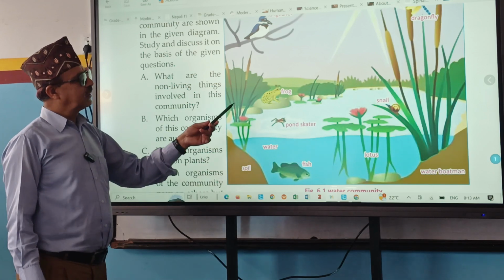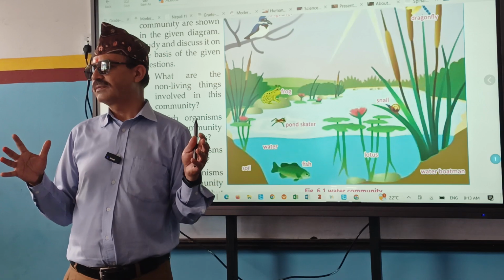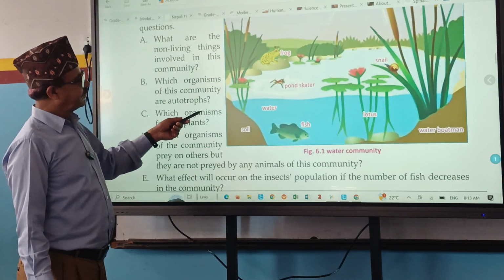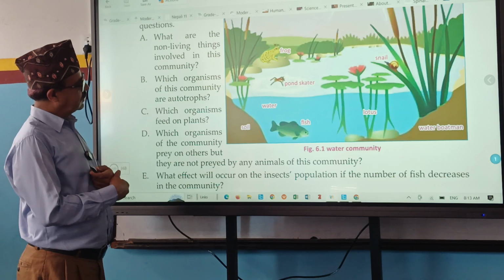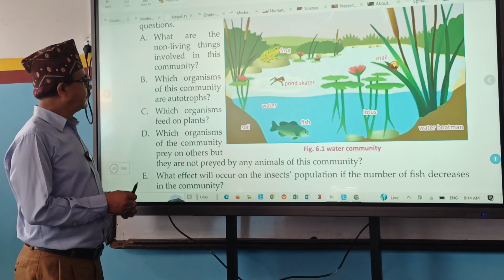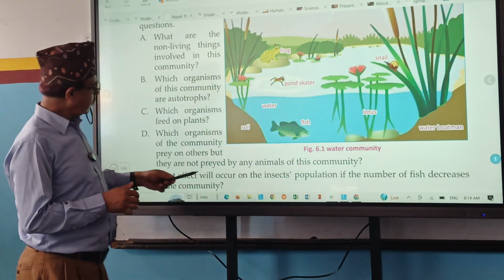And actually this is the environment of a small pond, right? In a small pond we can get such types of organisms, and why they are here, what they do, and what type of connection is there, that will be explained by Deshara.